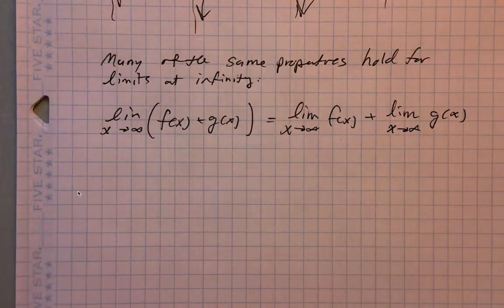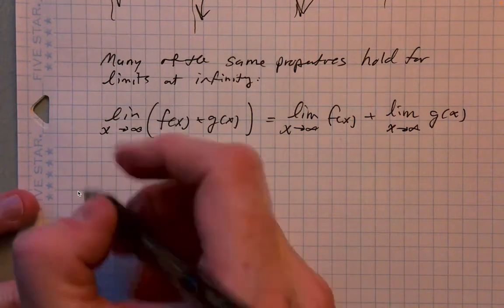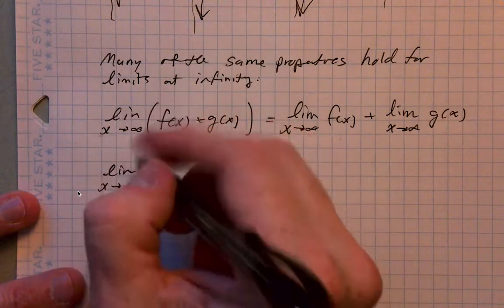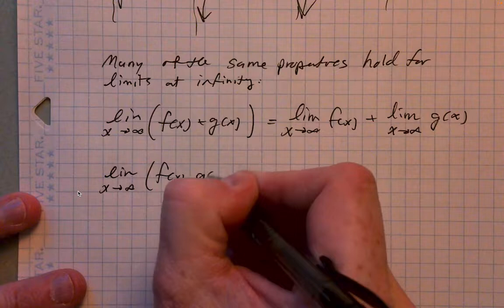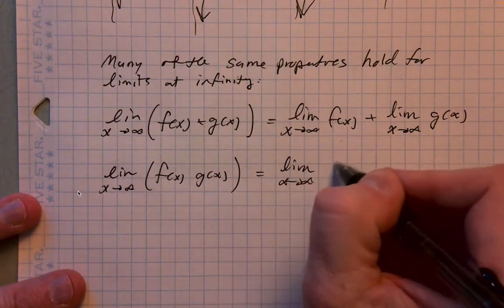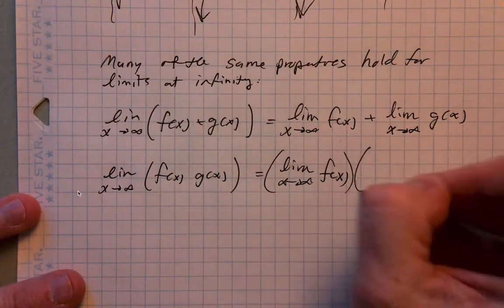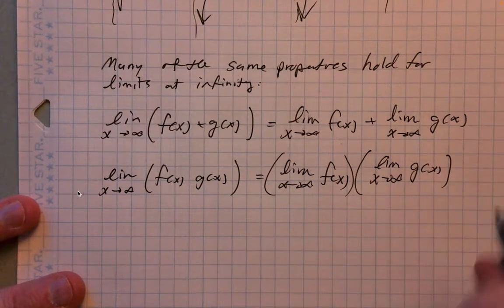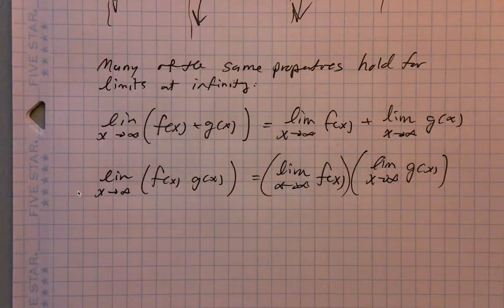So that's true of limits at infinity. Another property that we liked before was the product of two functions can be broken up like so. Okay, so that's nice. Okay, and others as well. We won't rehash them all, but you can go back and confirm those.